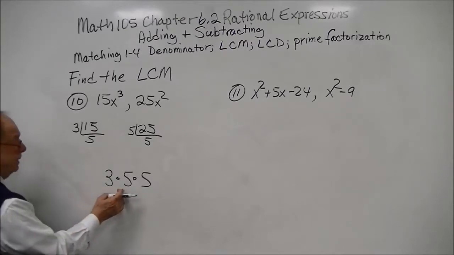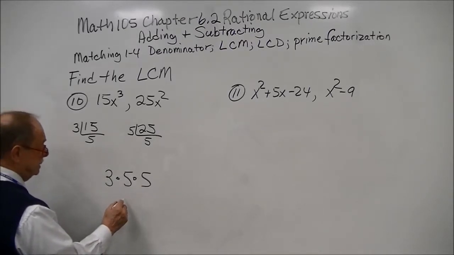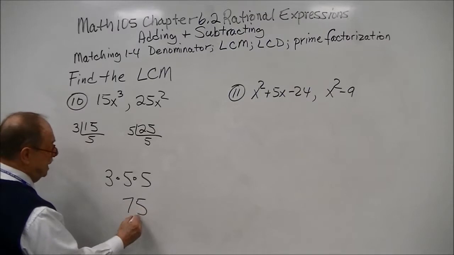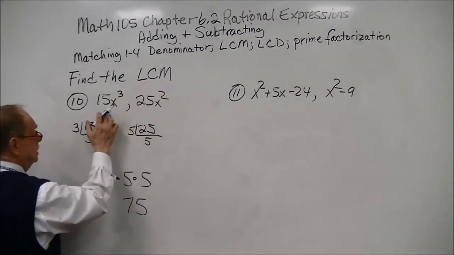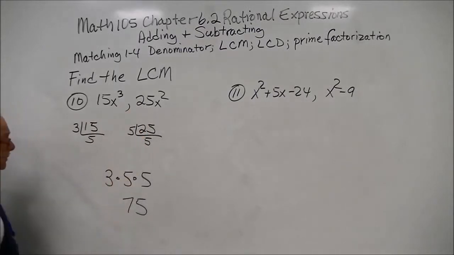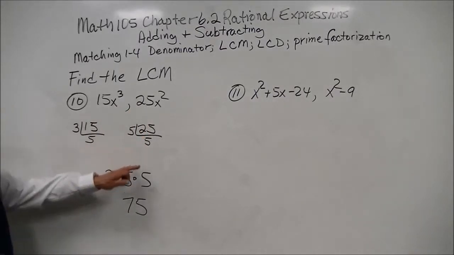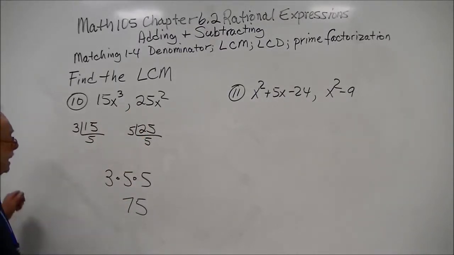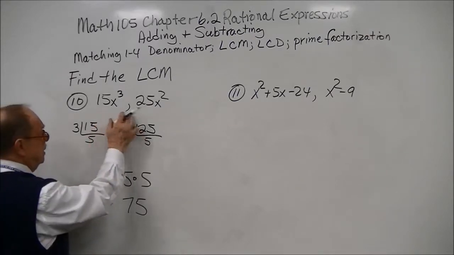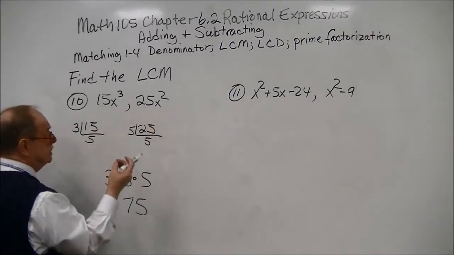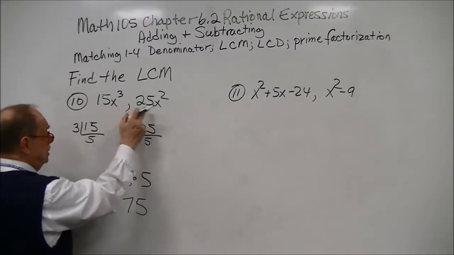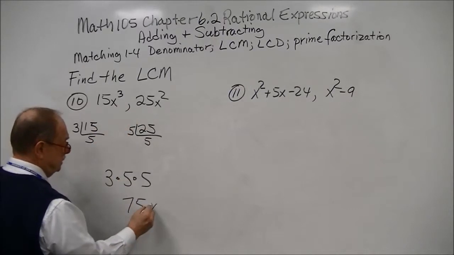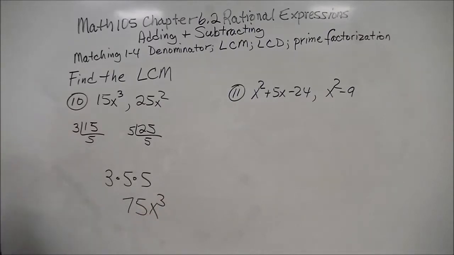So we multiply these. 25 times 3 is 75. 75 is our least common multiple of 15 and 25. And we use that technique to figure it out. And then for our variables, it's just the highest exponent on the variable. So for this one, it'll be x to the third.